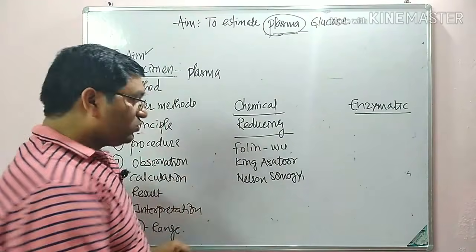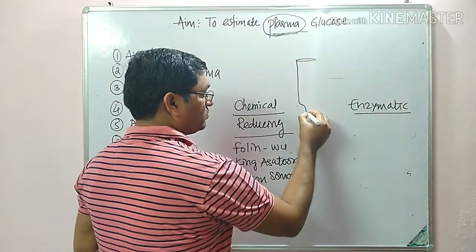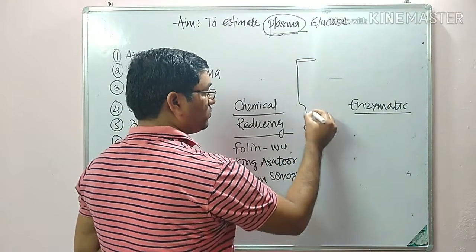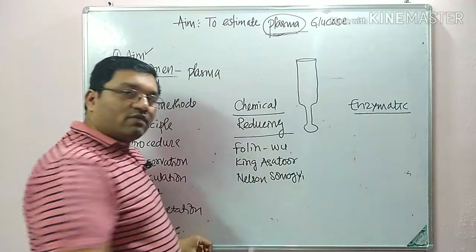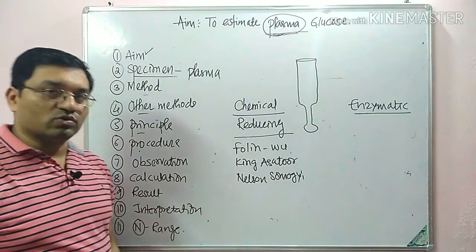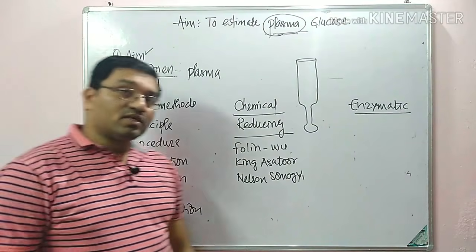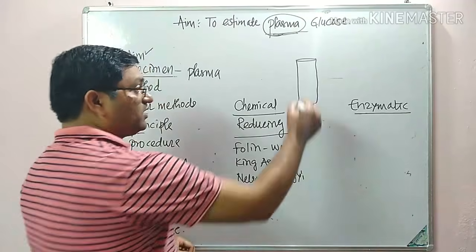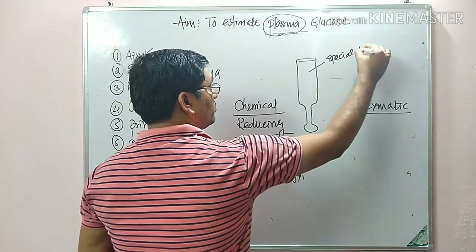For the Folin method, we require a special tube. This is a Folin tube, which is required for estimation of plasma glucose. It requires a special environment. A water bath is required.